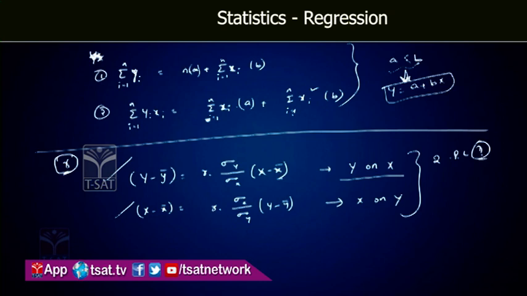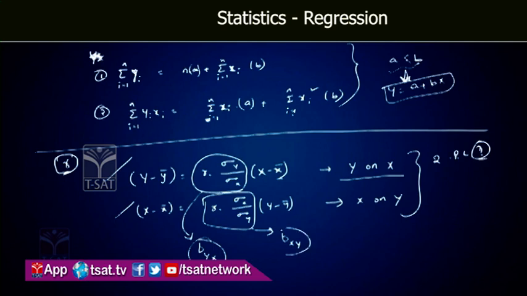So that is why we have the two regression equations. Now, this is nothing but the regression coefficient. We call this small b, the regression coefficient of y on x, and we call this the regression coefficient of x on y. So we have two regression coefficients, b_yx and b_xy.